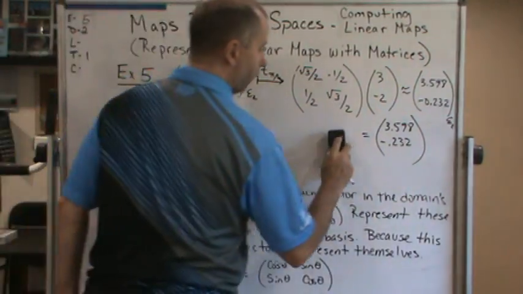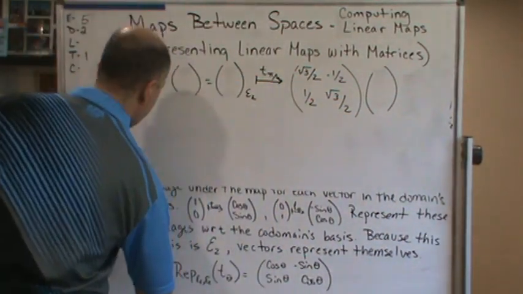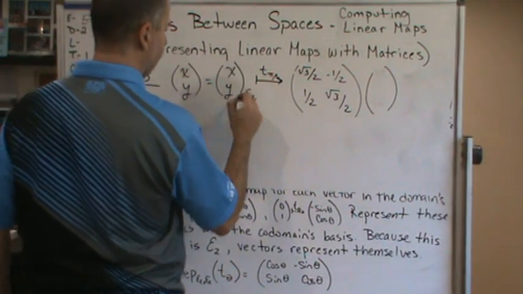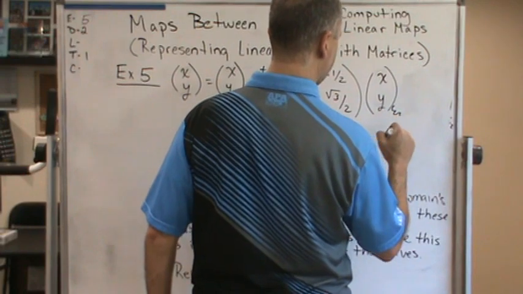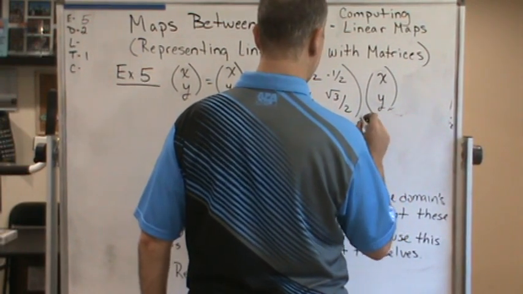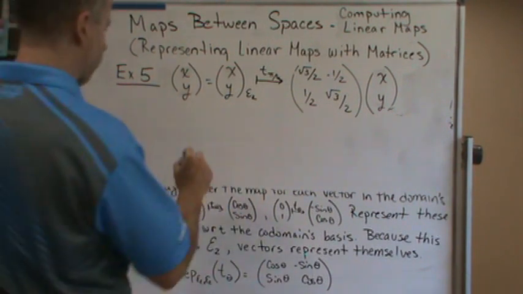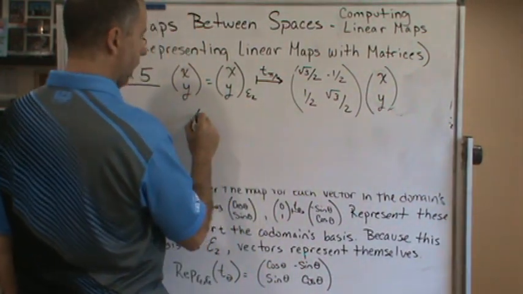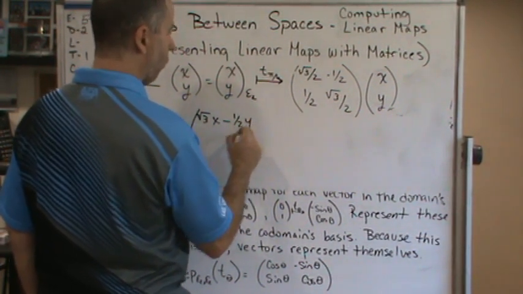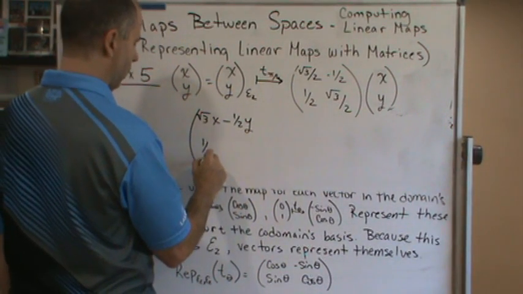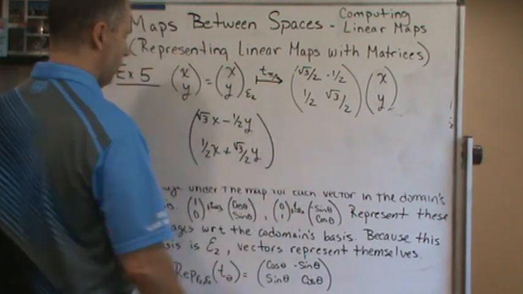if we want a more general formula, then let's just do it with x, y. So we get this formula: square root of 3 over 2 times x minus 1/2 y, and 1/2 x plus square root of 3 over 2 times y.